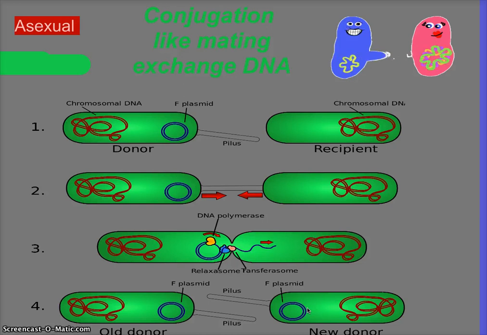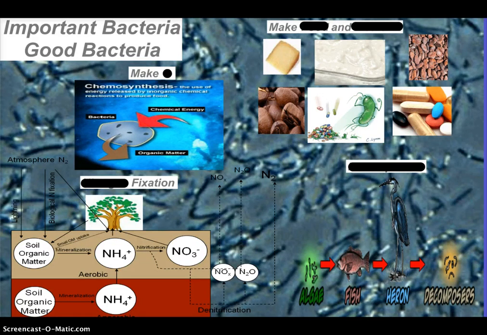We learned that in our last chapter. So this is how you get bacteria that can survive or overcome or evolve to become resistant to what's supposed to kill it.